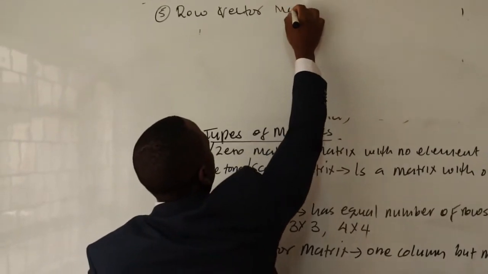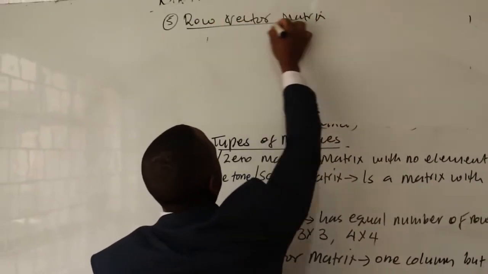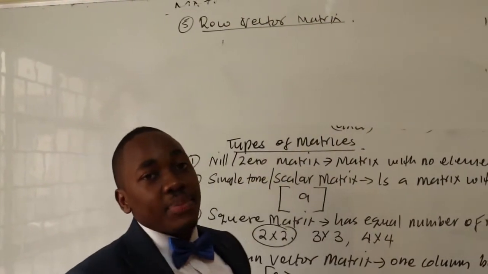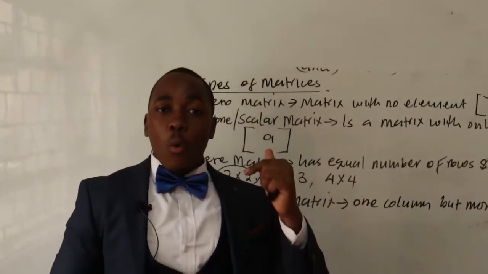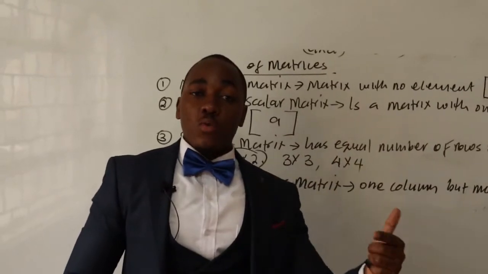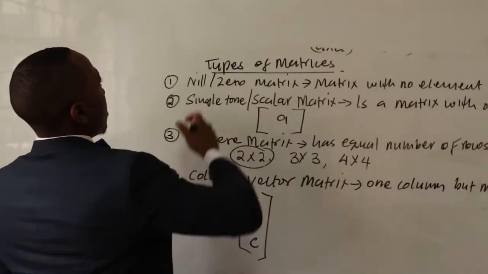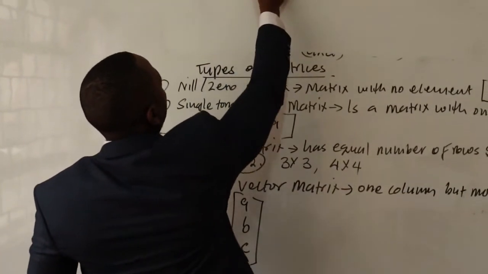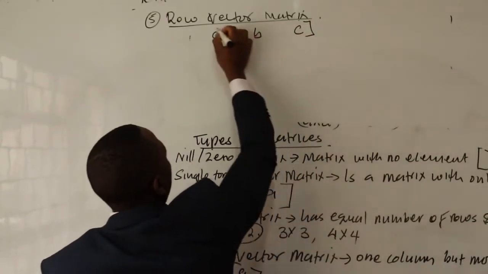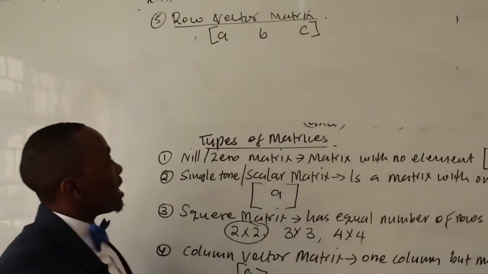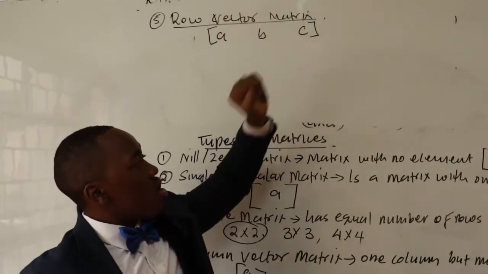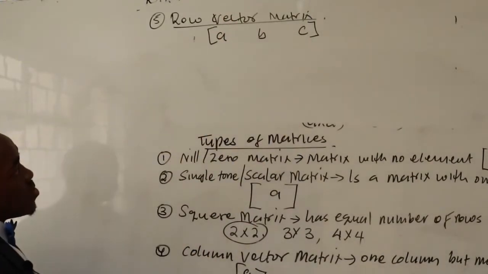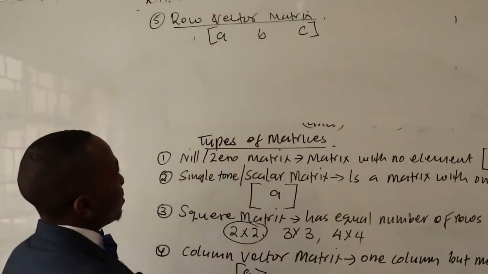A row vector matrix is a matrix with only one row but more than one column. So, for example, we may have A, B, C. That's what we call a row vector matrix. It has only one row but more than one column.